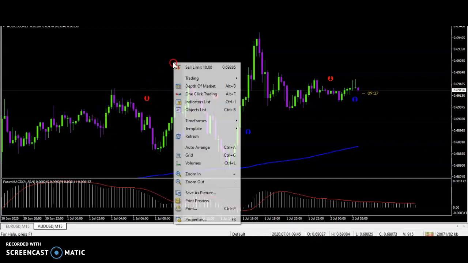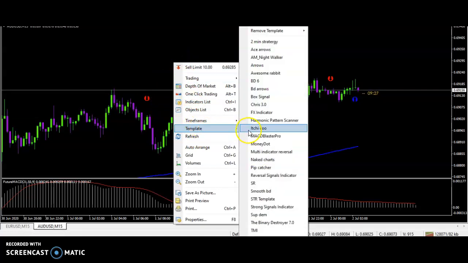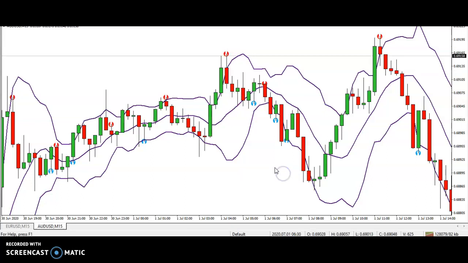These don't repaint. I want to show you a repainting one. Which one was it? I think it was this one.